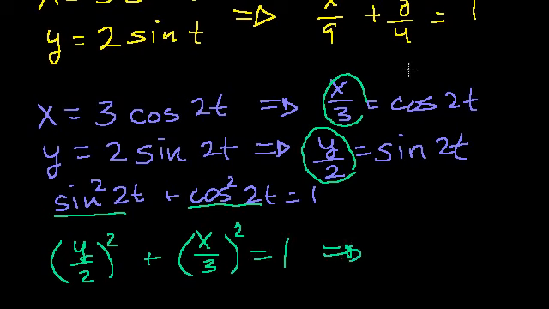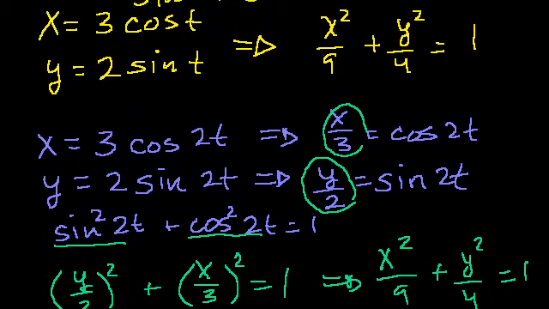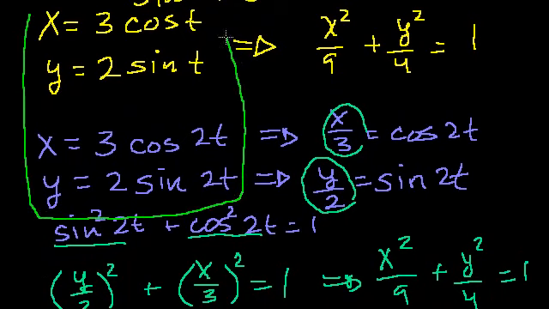And that is exactly what we had to begin with. That is the same thing as x squared over 9 plus y squared over 4 is equal to 1. I'm just switching the order here. So both sets of parametric equations have the exact same path.